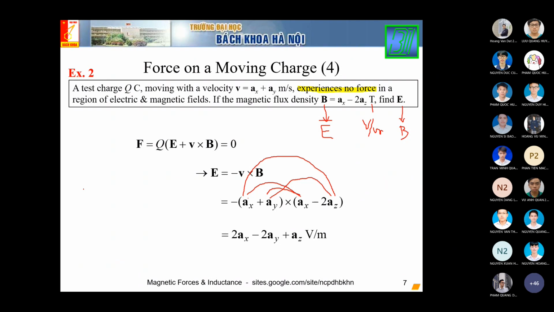You can suppose that B is, for example, BxAx plus ByAy plus BzAz, and you put this expression into this. You make the cross products, and you set the two vectors to be the same. Based on that, you can find Bx, By, and Bz.